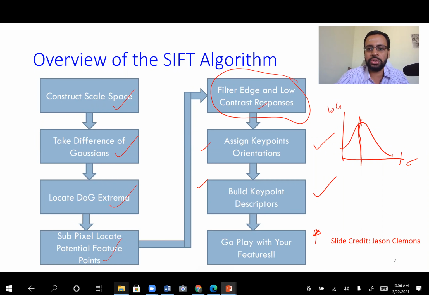Then you look at all its neighbors as well as all values of sigma, and take this as your key point there.